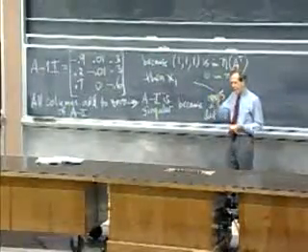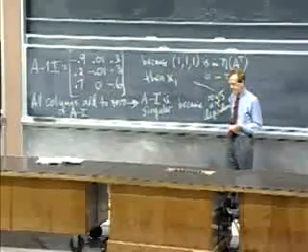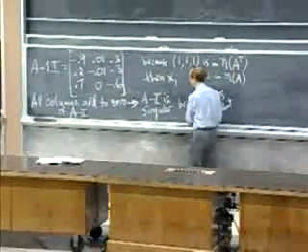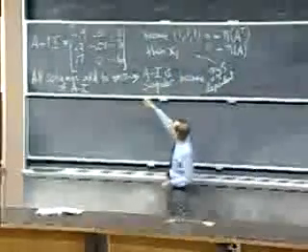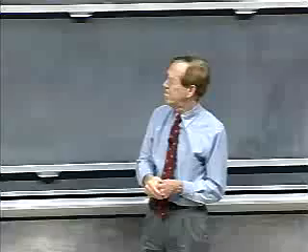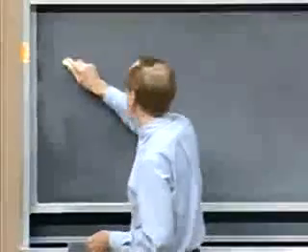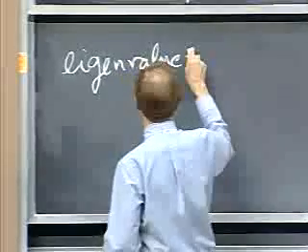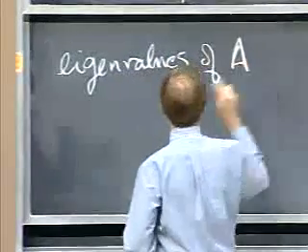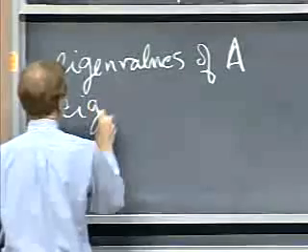Another thought came to me as I was doing this. Another little comment about eigenvalues and eigenvectors, because of A and A transpose. What can you tell me about eigenvalues of A and eigenvalues of A transpose?